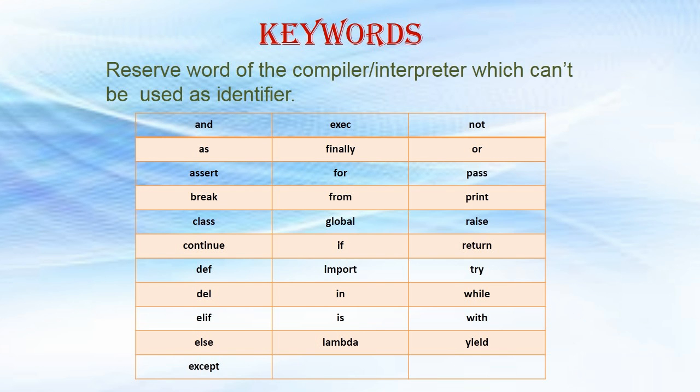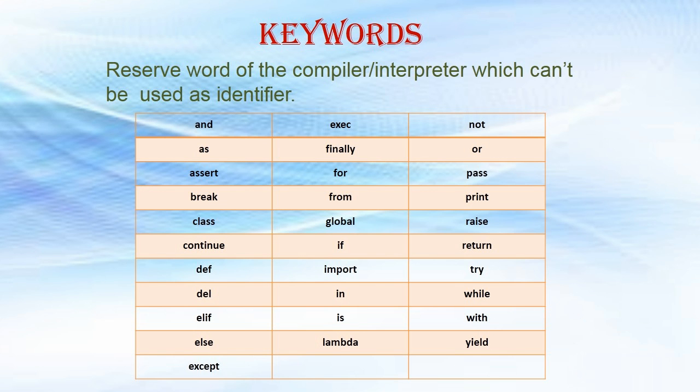And then it is processed, and then again the output is given in the user friendly language. So the compiler and interpreter are responsible for converting the Python language or any other language into 0 and 1, and again to process it and give the result in the user friendly language.